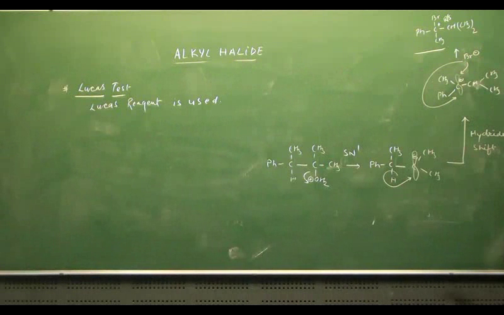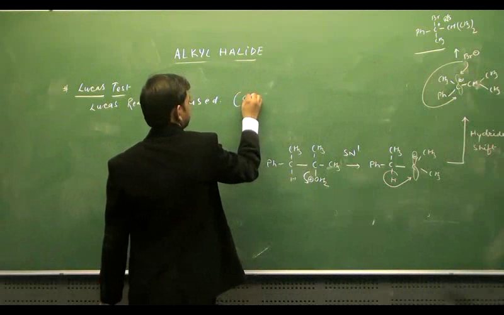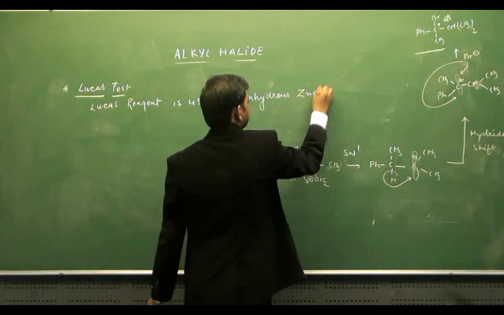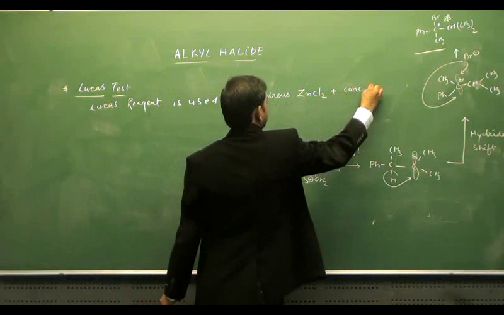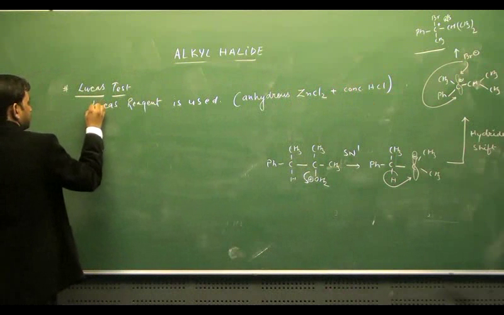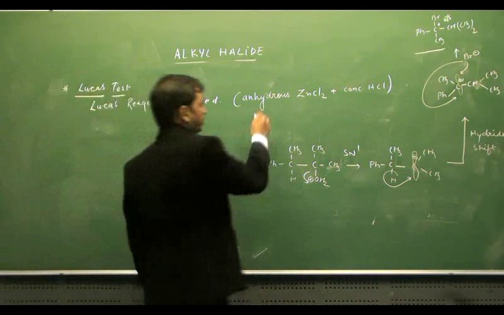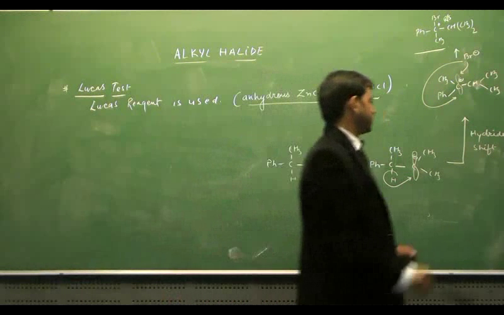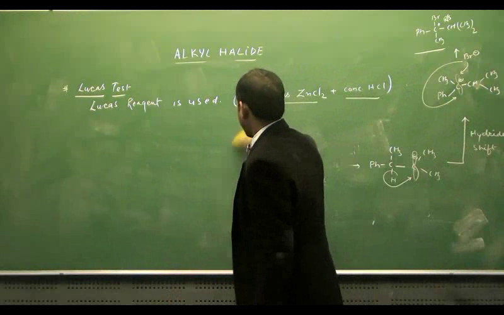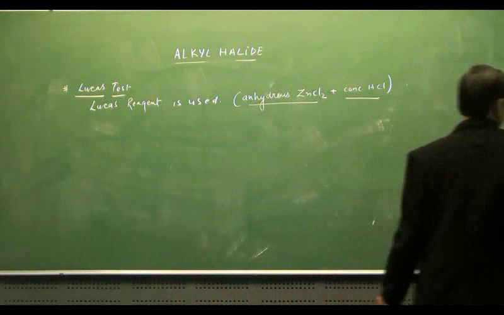Lucas reagent is anhydrous ZnCl2 plus concentrated HCl. We can use this test to distinguish 1 degree alcohol, 2 degree alcohol and 3 degree alcohol.